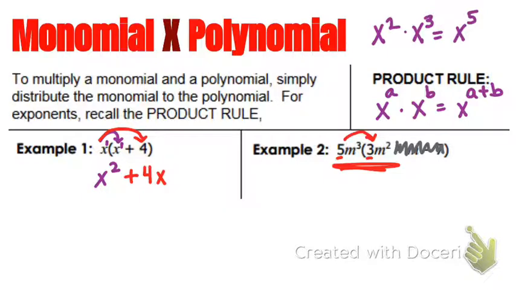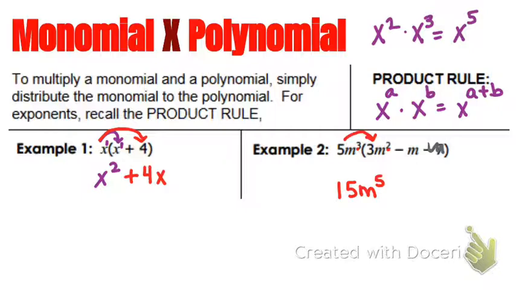So 5 times 3, I can multiply that and I get 15. And then if I look at the m's, I have m to the third times m to the second. So 3 m's and 2 more m's, we're multiplying m by itself 5 times. Okay, so we just multiplied that number outside of the parentheses by the first number inside of the parentheses.